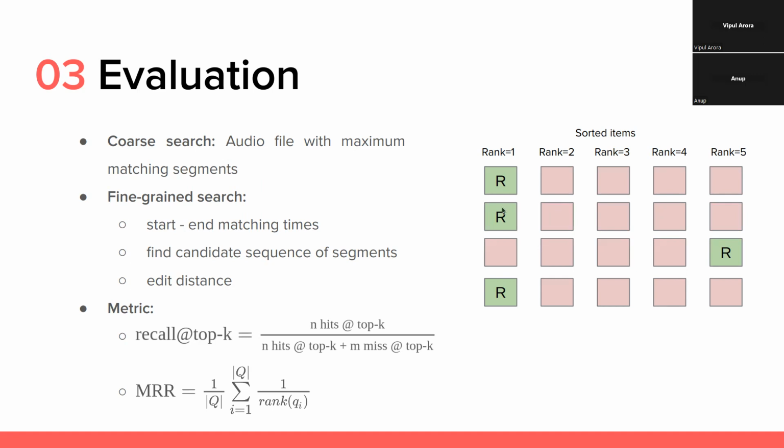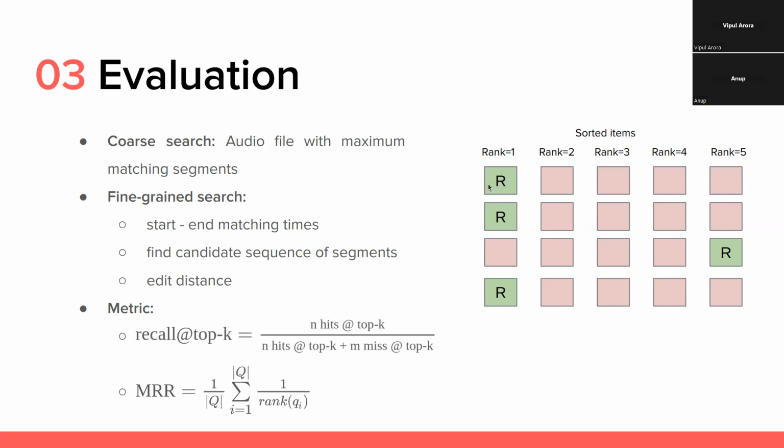Let's say we have 4 queries and we have retrieved the best matching items, sorted based on similarity. So you have query 1, query 2, query 3, query 4, and for query 1 you have retrieved some items using the approximate nearest neighbor search algorithm, and then you have sorted these items based on how similar they are with respect to the query fingerprint.